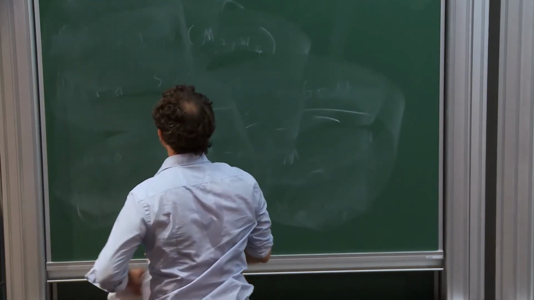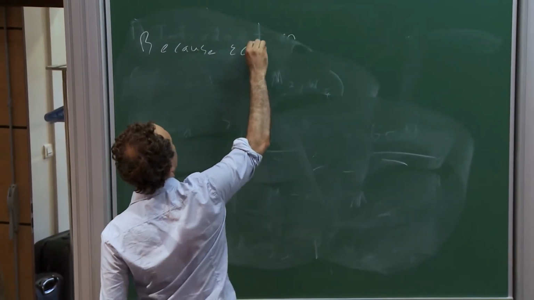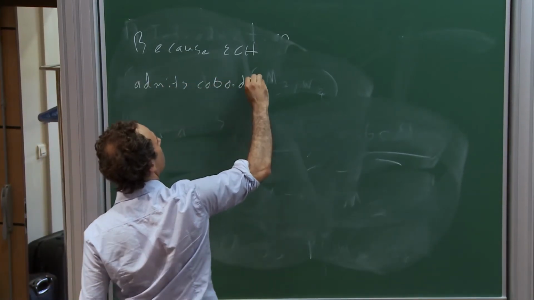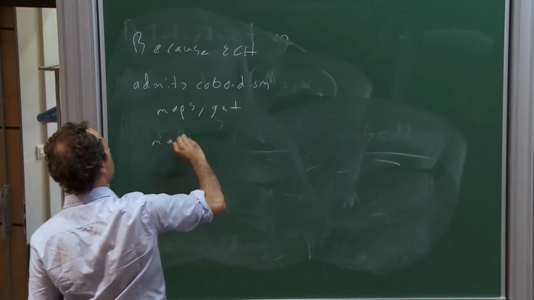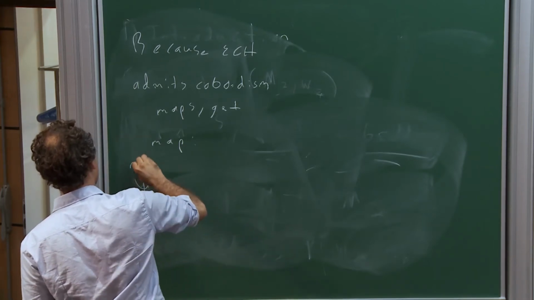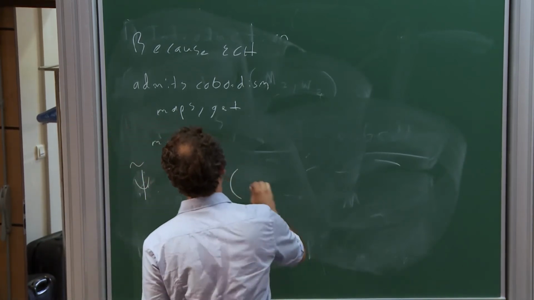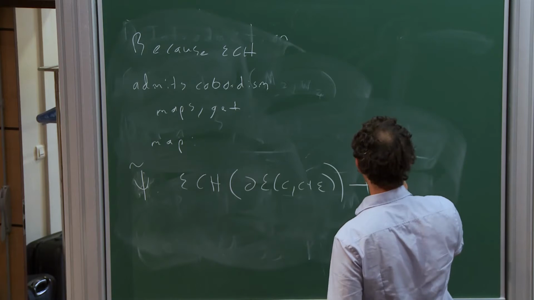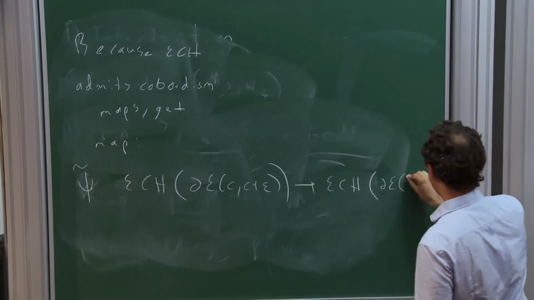Because ECH admits cobordism maps, I get a map, which I'll call psi twiddle, because it's induced by psi, mapping the embedded contact homology of the boundary of this ball to the embedded contact homology of the boundary of the ellipsoid.